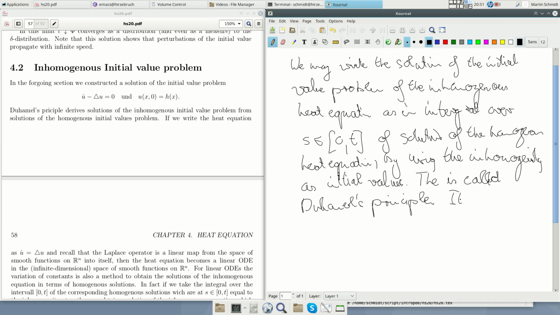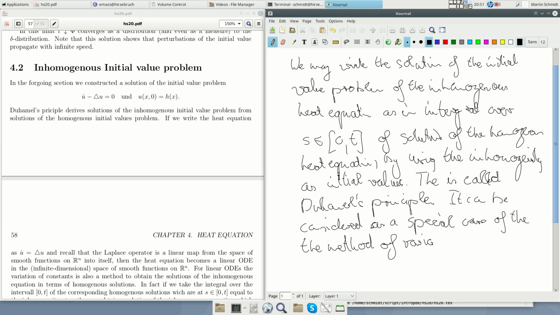It can be considered as an application, as a special case of the method of variations of constants for linear ODEs.